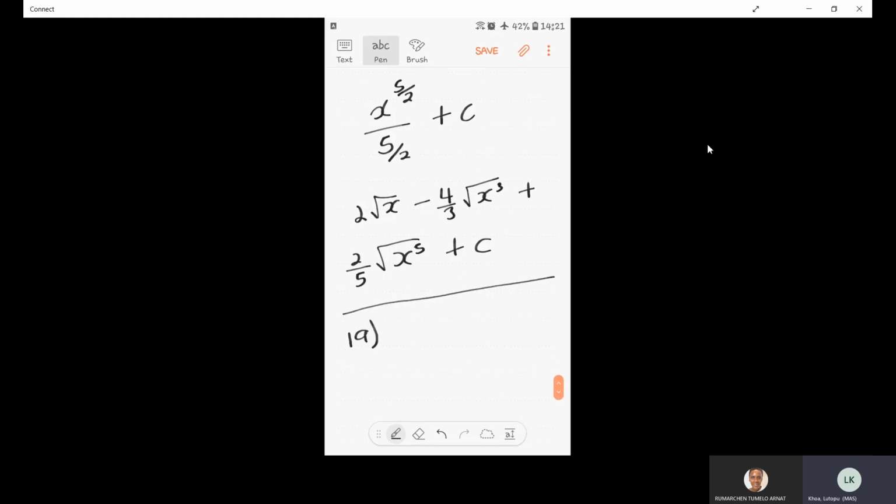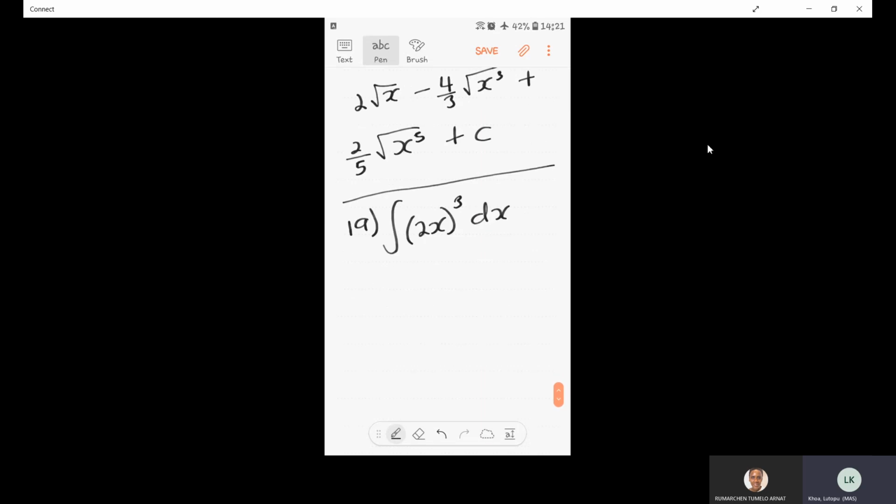In 19, we have the integral of (2x) cubed dx. So with this one, it's very easy to multiply out your brackets. So this is just the integral of 8x cubed dx, because 2 times 2 times 2 is 8, x times x times x is x cubed.